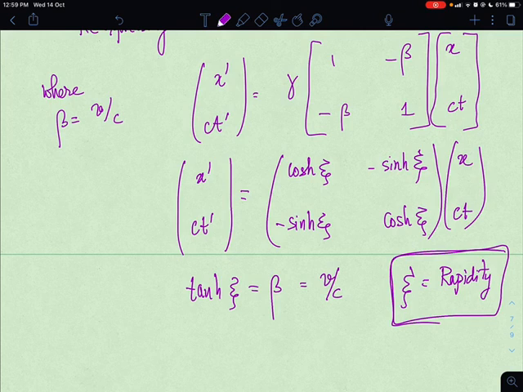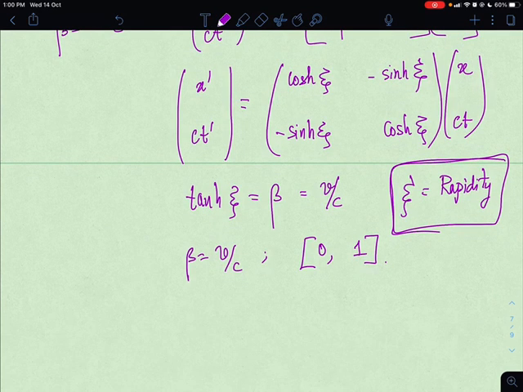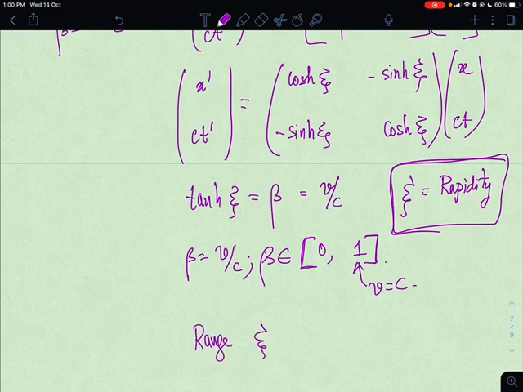So, when beta, which is nothing but v by c, has a range from the non-relativistic case all the way up to v equal to c, beta can belong to only this interval, whereas the rapidity ranges from minus infinity to plus infinity, because of the way it is defined.